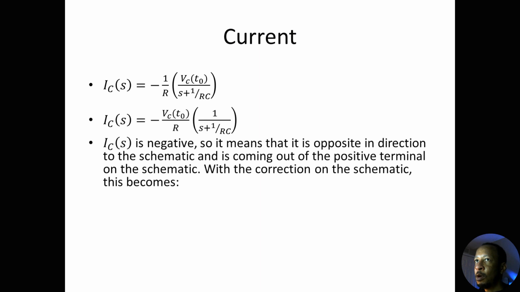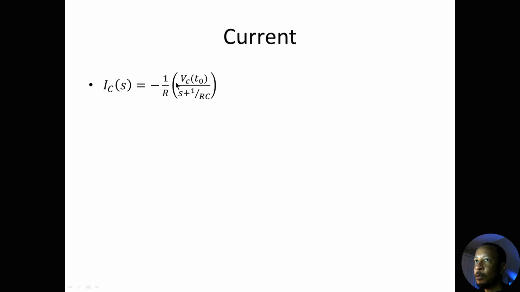Go back to where we were, and so that's where I put it. So now IC of s is equal to negative VC of t sub 0 divided by R times 1 over s plus 1 over RC.